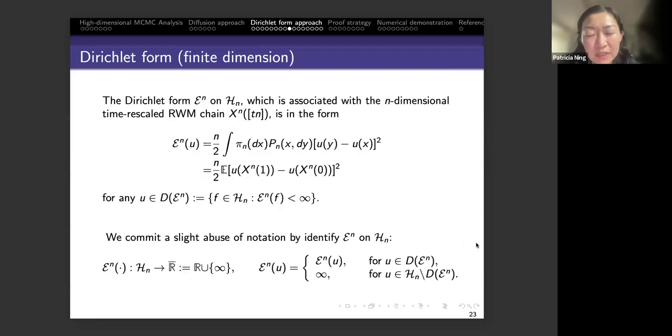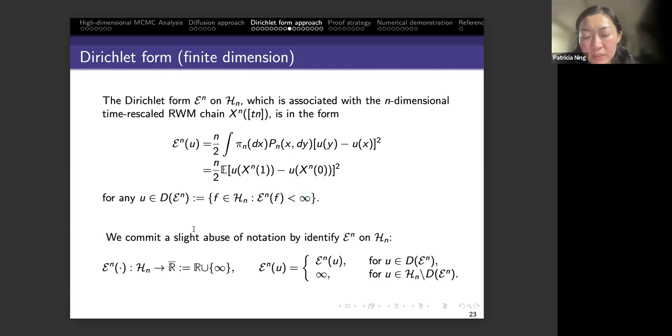The Dirichlet form E_n on the H_n, which is associated with the n-dimensional time-scaled RWM chain X_n, the integer of the T_n, is of this form. E_n(u) is equal to n over 2 times the expectation of u at the first step's value minus u at the current, the zeroth step's value, for any u in the domain such that E_n(f) is less than infinite.